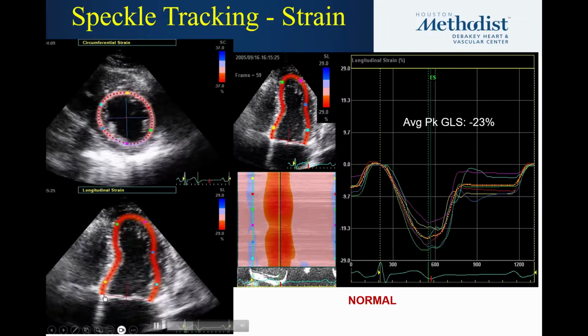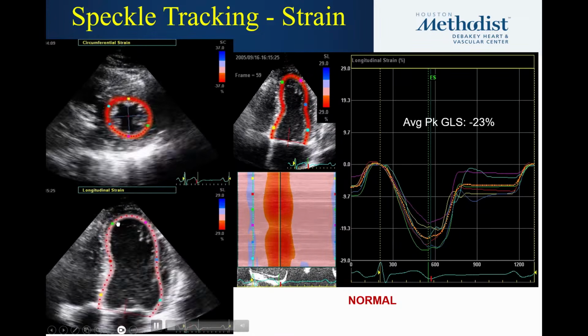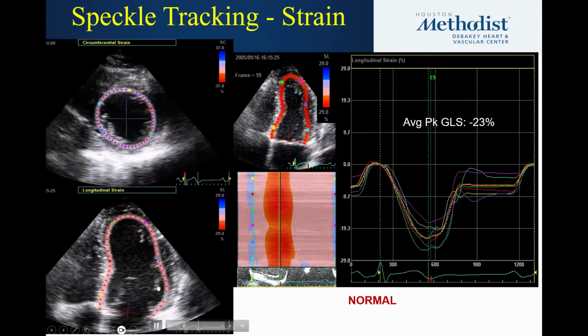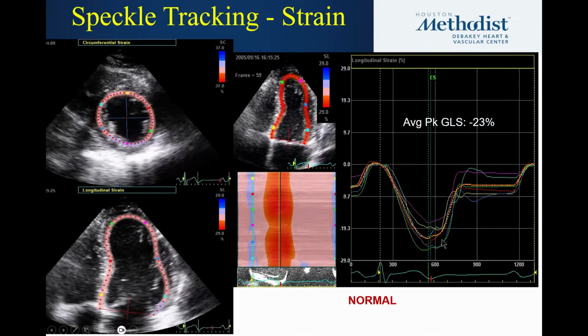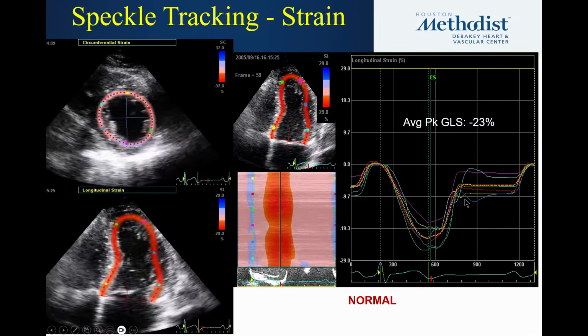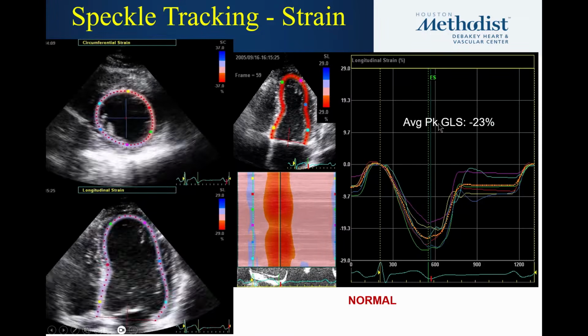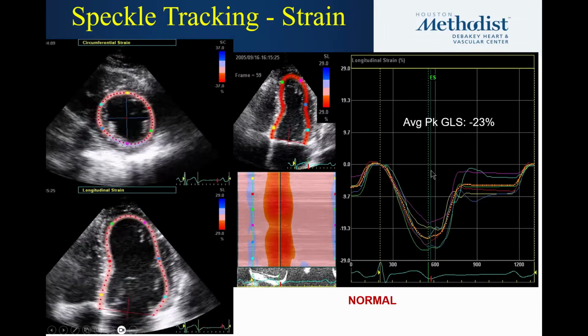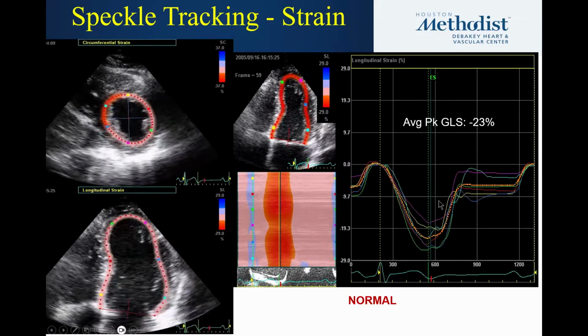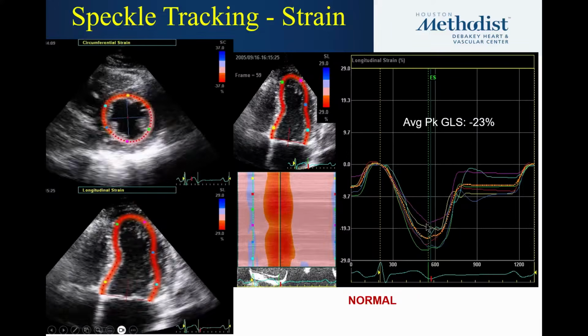This is a four chamber, so it would be septal regions, apex, lateral regions, and so on. And then you get these nice curves, and the average of that, okay, would be what we call average global longitudinal strain, and the peak of that in here would be the peak value.